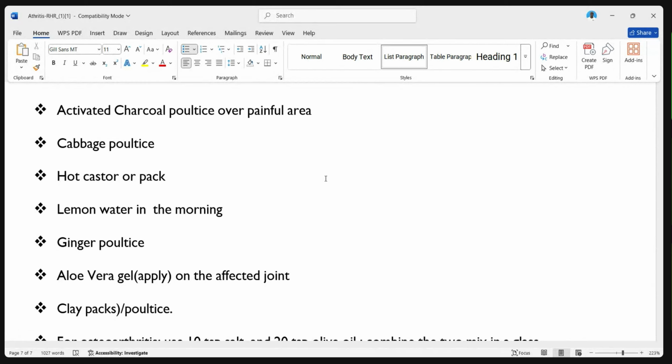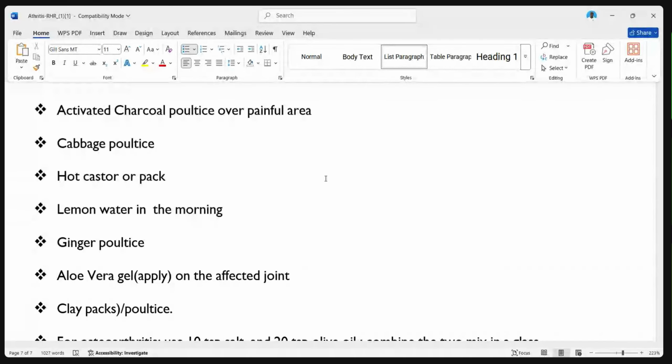And ginger, wow, ginger is one of the best herbs that I've ever known for inflammation and pain. So, just do a ginger poultice. Ongeza ginger tena cabbage. Ongeza ginger hata na ginger, cabbage, turmeric. Vitu kama hizo tu. And then you can also apply aloe vera gel.